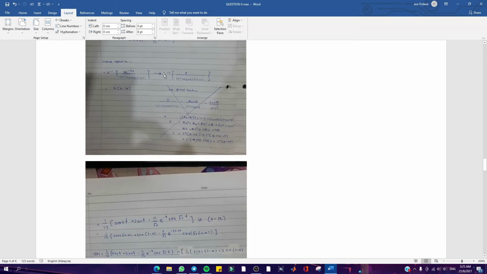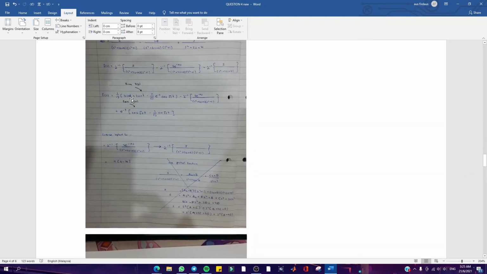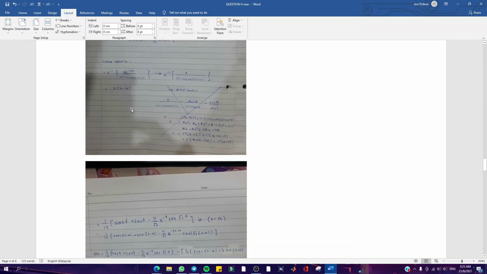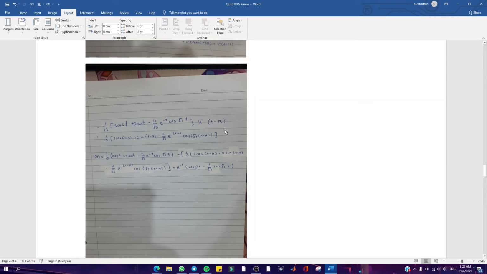Here the inverse Laplace we also get from question 4b, and change it into here with u(t minus pi). Don't forget to change the t with this new t minus pi. So we get 1 over 13 open bracket 3 cosine (t minus pi) plus 2 sine (t minus pi) minus 11 over root 3 e to the power of negative (t minus pi) cosine root 3 (t minus pi) close bracket.